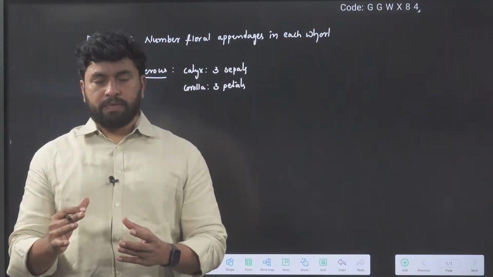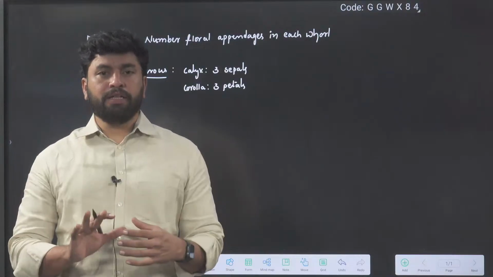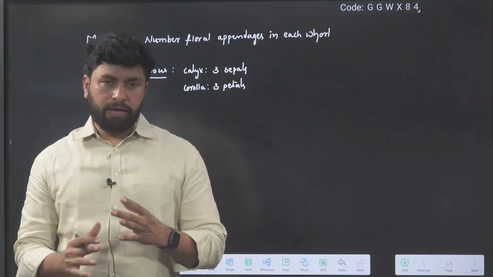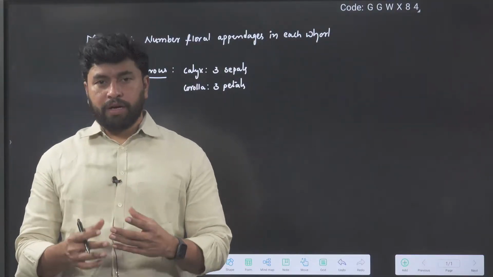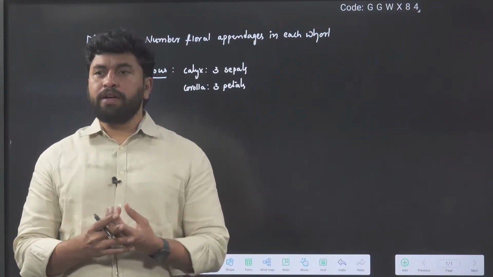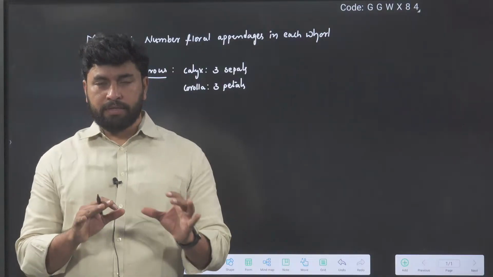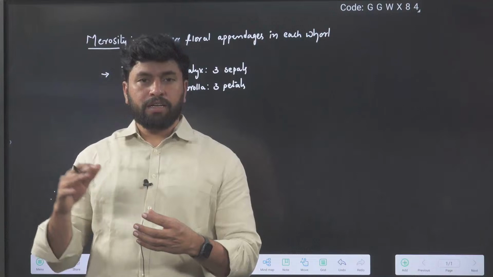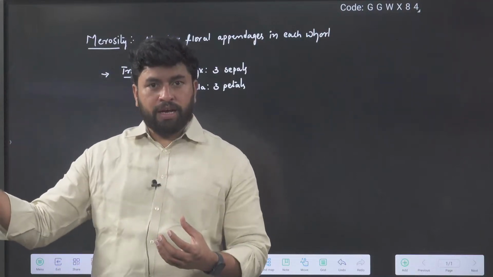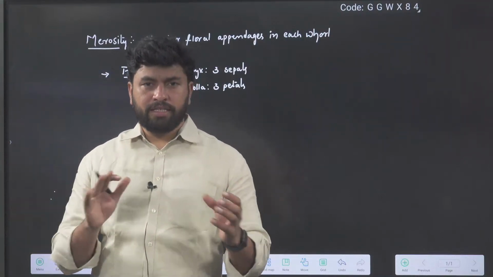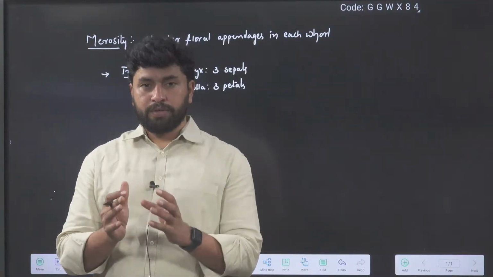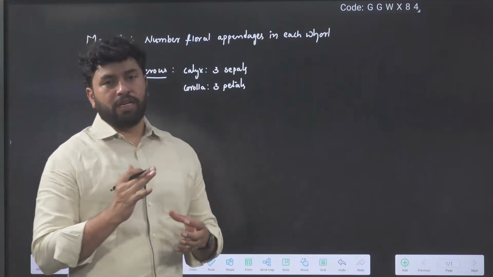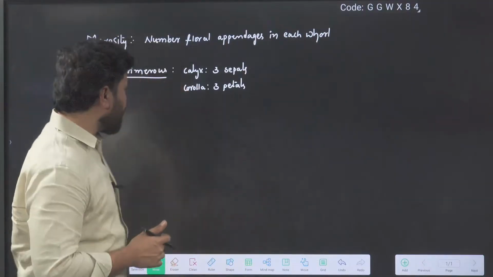If sepals are 3, petals must be multiples of 3. Are you catching the point? And at the same time, when you go to Androecium, the members of Androecium, the so-called stamens, must be multiples of 3. It should not be that here there are 5 and in another whorl there will be 9. Such an appearance should not be there. So there is an equal arrangement of appendages in each whorl. That phenomenon is called merosity, trimerous.